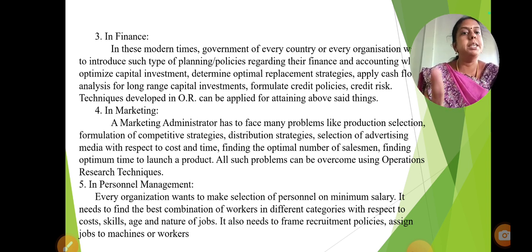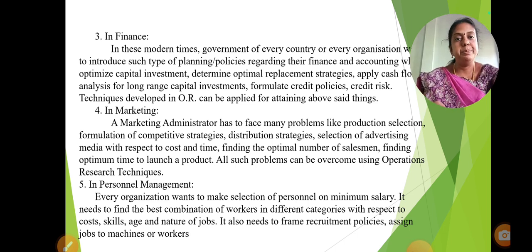All such problems can be overcome by using OR techniques. In personnel management, every organization wants to select personnel at minimum salary. It needs to find the best combination of workers in different categories with respect to caste, skill, age and nature of job. It also needs to frame recruitment policies and assign jobs to machines or workers.